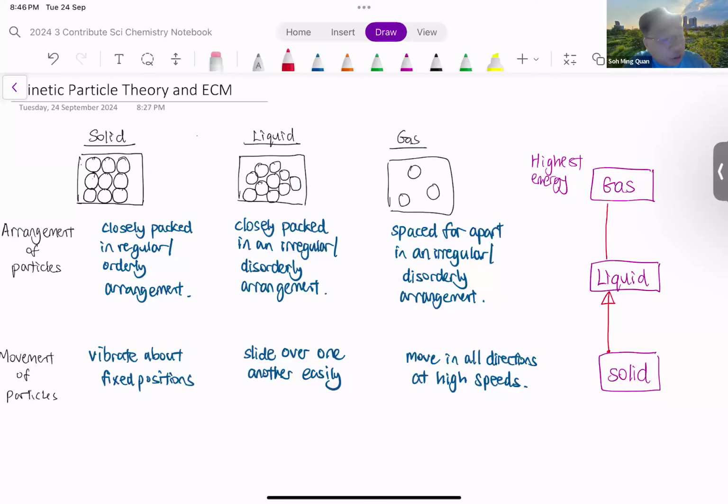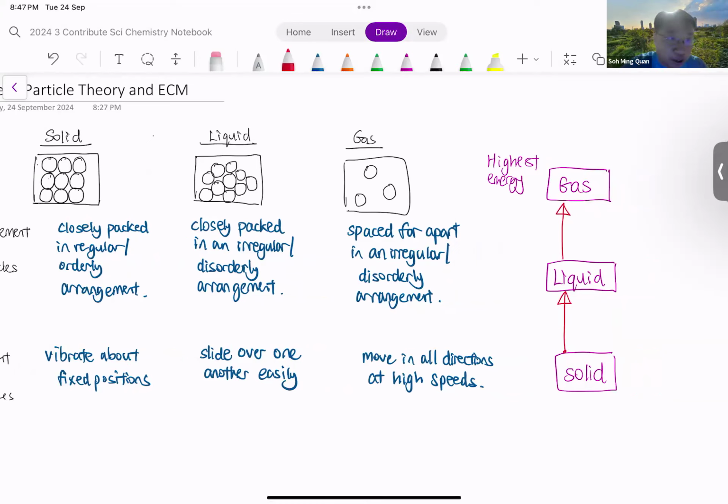As we go from liquid to gas, the energy also goes up. Okay? This is a logical consequence of the speed of the particles inside solids, liquids, and gases. So now let's try to fill in the names of these processes. So for example, from solid to liquid, this is called melting.